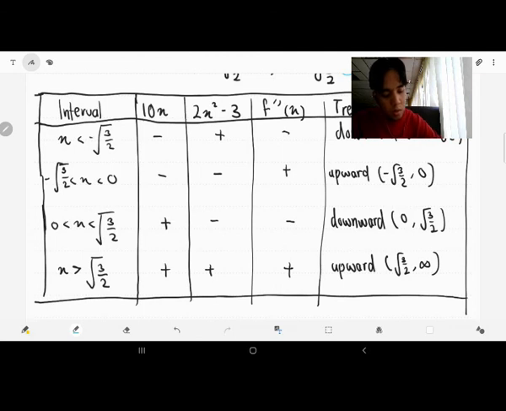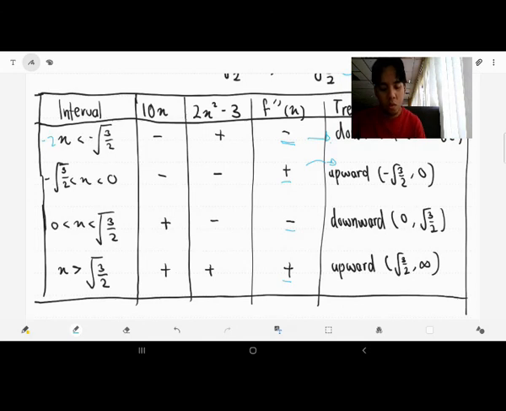For this example, x is less than the negative square root of 3/2, so let's say we put in negative 2. When we put in negative 2, f double prime gets the negative part. Same as before, we get positive, negative, and positive. The negative sign shows it is downward, and the positive sign shows it is upward.